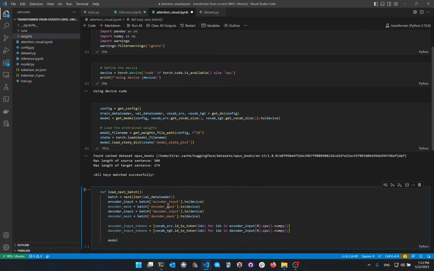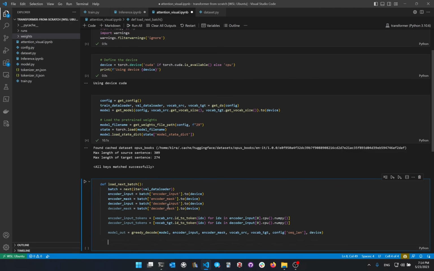So let's just infer using our greedy decode algorithm. So we provide the model. We return all this information.